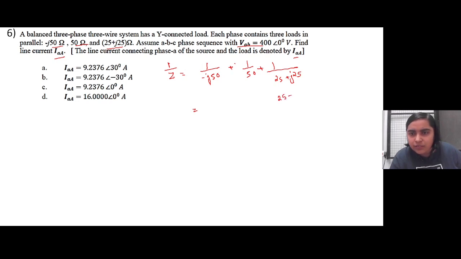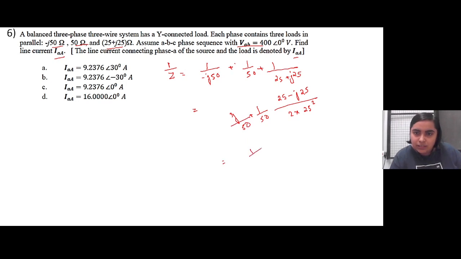Taking j to the numerator, the plus sign goes.